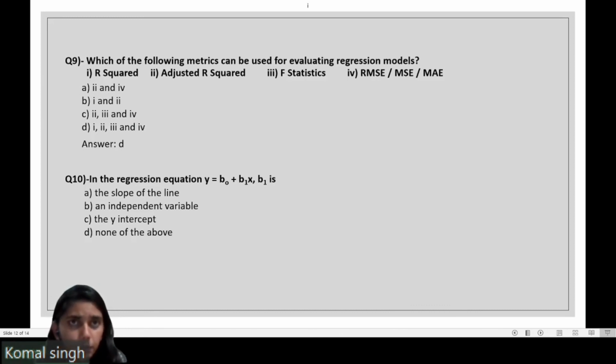It's a very simple question. I already told you, y is the predicted value, b naught is the y-intercept, and b1 is the slope. So the slope of the line is called b1.